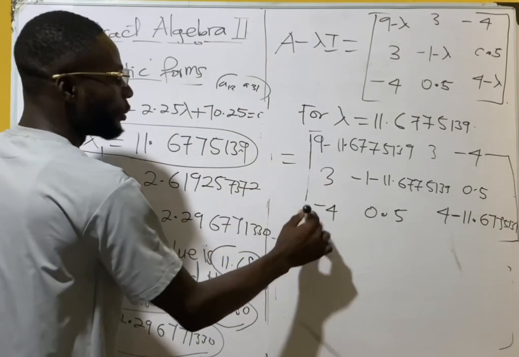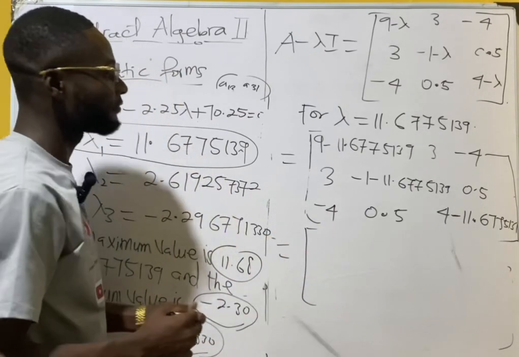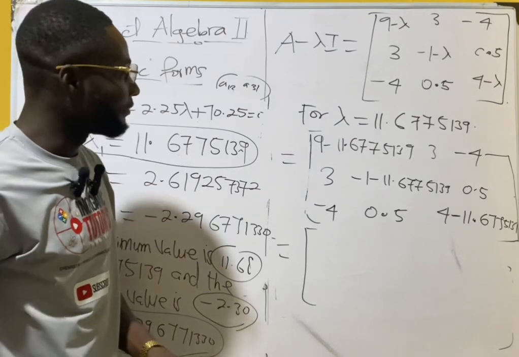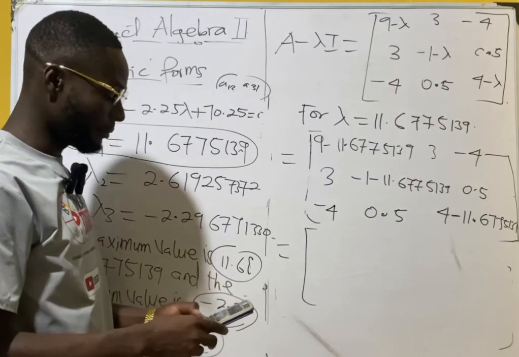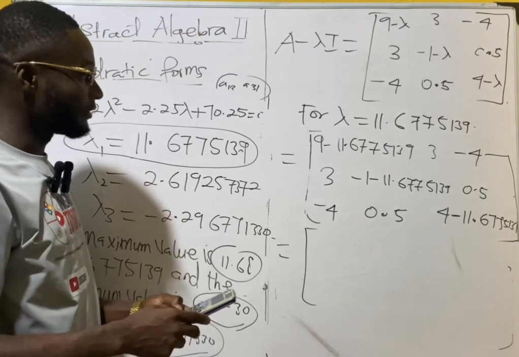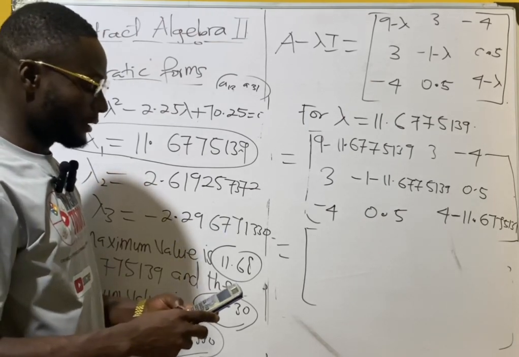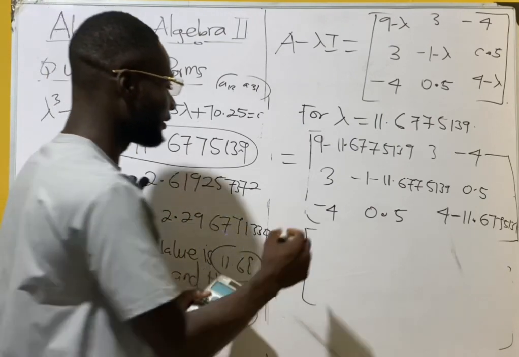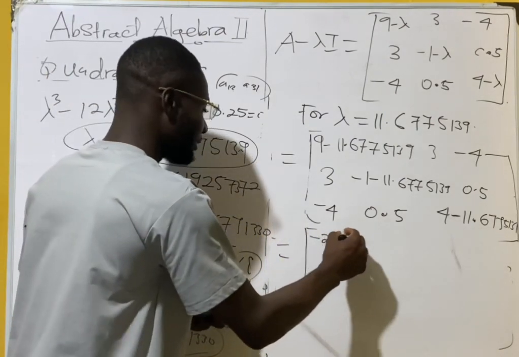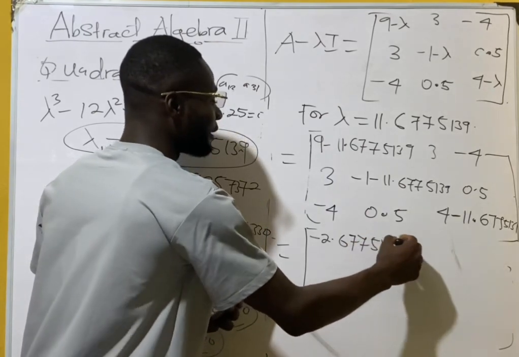Okay, so let's simplify this. 9 minus 11.6775139 will give us negative 2.6775139.